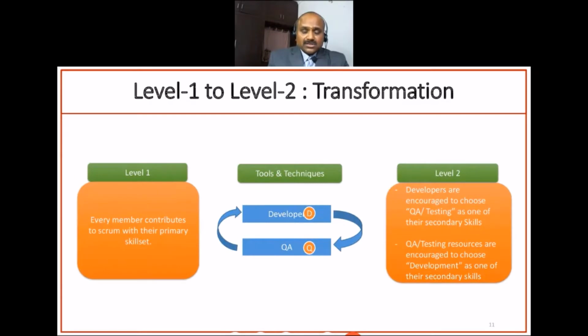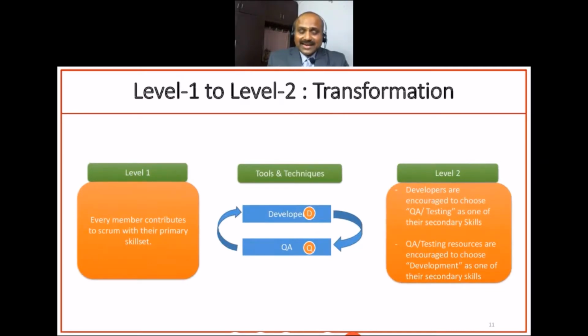QA people also, certain people, when we ask them, can you please learn development as your secondary skill? Most of them will be very happy to learn. But the kind of challenge we face is they require more time to get onto the development skill. So our business or the organization should be tolerant to provide that time to them, because if we provide that time to them, in the long run, it is going to help the team only.